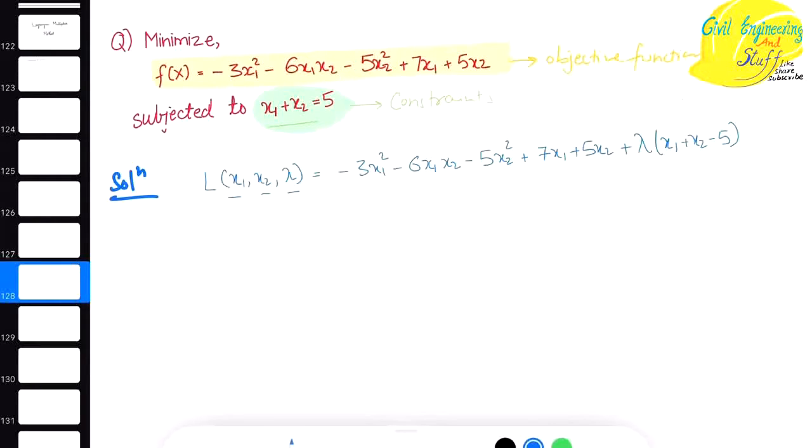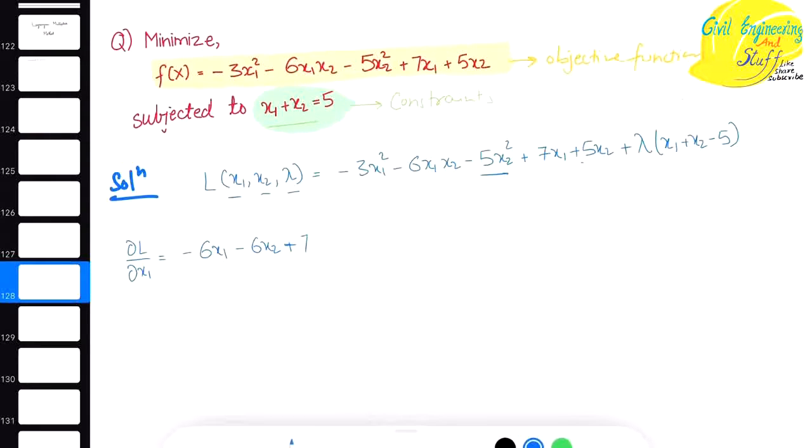So let's do the partial differentiation. ∂L/∂x1: on partial differentiation we'll have minus 6 x1 minus 6 x2, minus the term treated as constant, which will be 0, then plus 7.